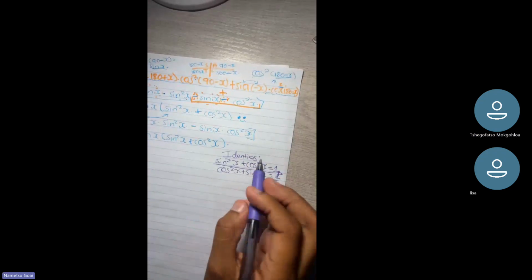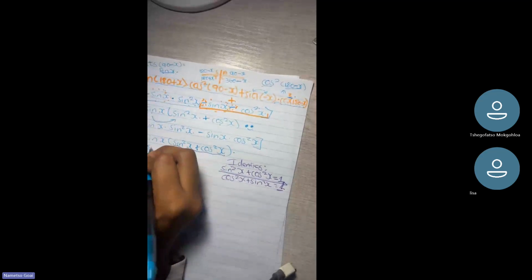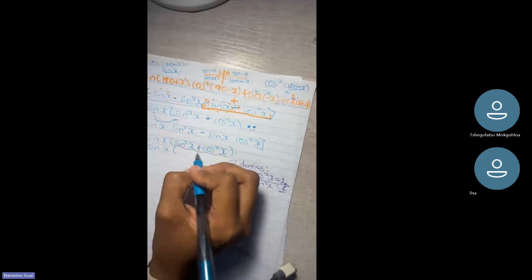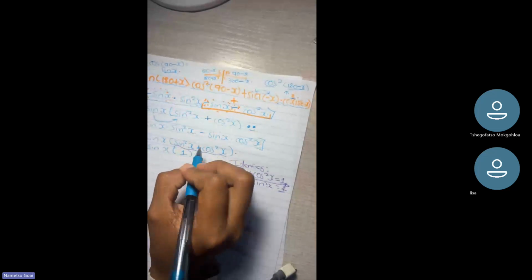Okay, can you see that over here we do have our identity? So now we have minus sine x all multiplied by sine squared x plus cos squared x, which equals 1.